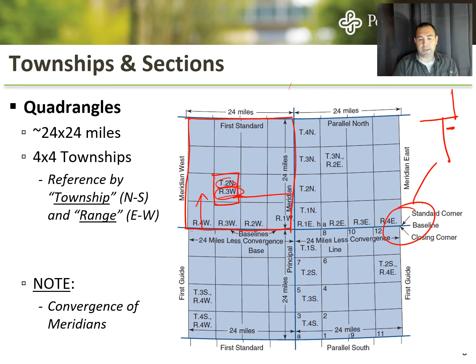As we get closer and closer to the top, these lines are slanted, just like this line right here is slanted as well. That slant gets more profound as you get closer to the North Pole or the South Pole. That is causing that dislocation, so that we can try to keep each of these areas at approximately 6 miles by 6 miles. So just something else to keep in mind.